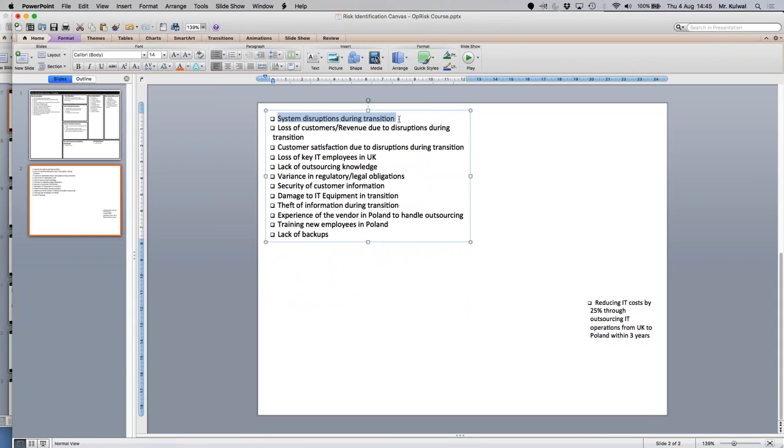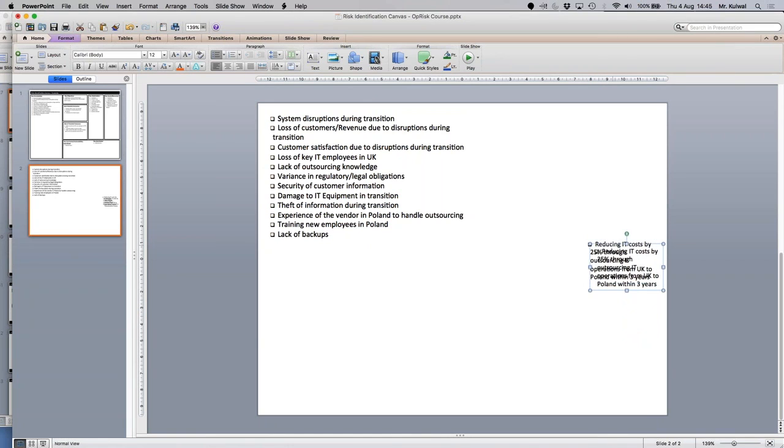So system disruption on its own doesn't necessarily impact that objective. And then loss of customers and revenue also doesn't necessarily directly relate with that particular objective.